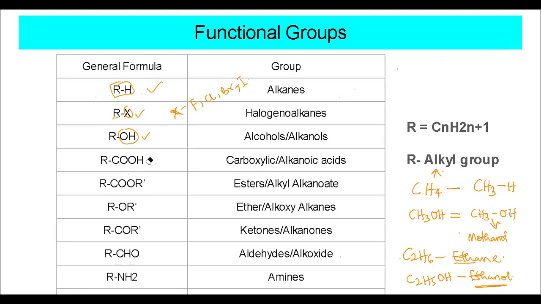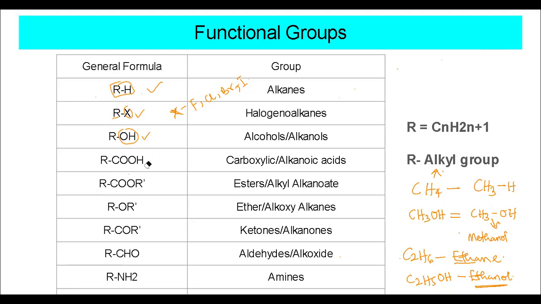The next group I have here is the carboxylic acid group. The carboxylic acid group has the functional group COOH. The same thing is happening if you check all of them. You can see that the hydrogen atom of the alkane is being replaced with a functional group. Here it is replaced with OH, here with a halogen, here with COOH for carboxylic acid.